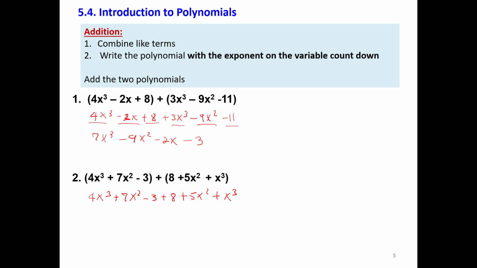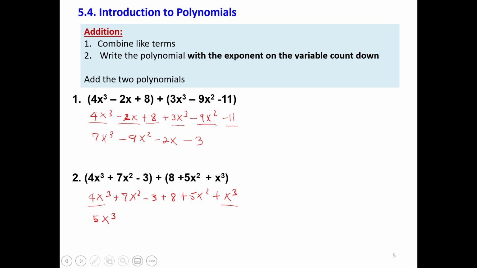X to the third. And now we combine like terms. And if there is no number in front of the variable, we know the coefficient is 1. Yes. And we had 4 plus 1 is 5, 5x to the third.